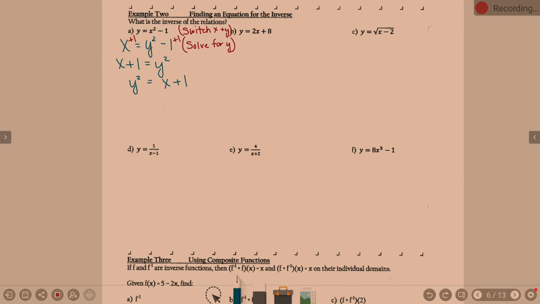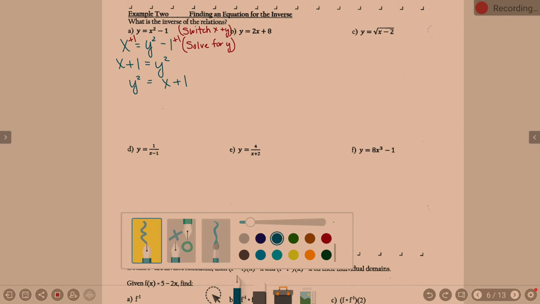Am I done? Do I have y equals? No, I have y squared equals. How do I get a y squared to become a y? Square root, right? Isn't that what we were doing in the first half of the chapter? Okay. So we're going to take the square root.